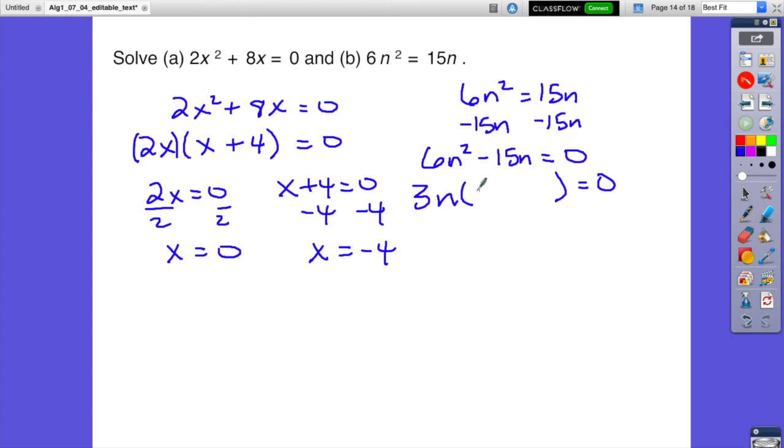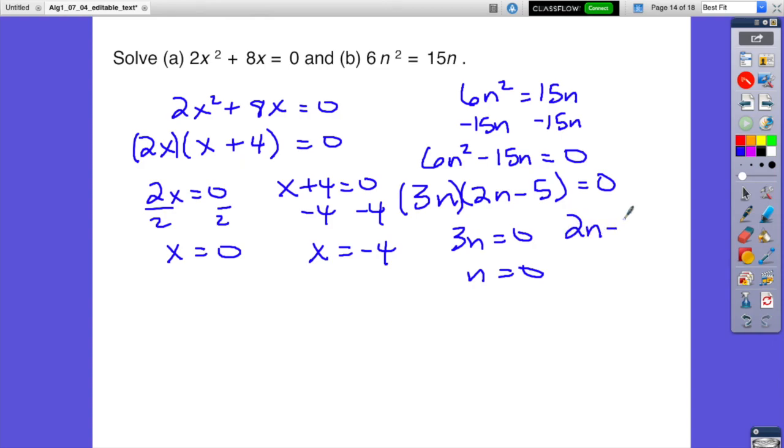Okay, so what's left here? 6 divided by 3 is 2. n squared divided by n, there's 1n left over. 15n divided by 3n is going to be just 5. Now we have to finish it. I'll put parentheses around here. Hopefully you can get used to this now. 3n equals 0. So the first root is going to be 0.